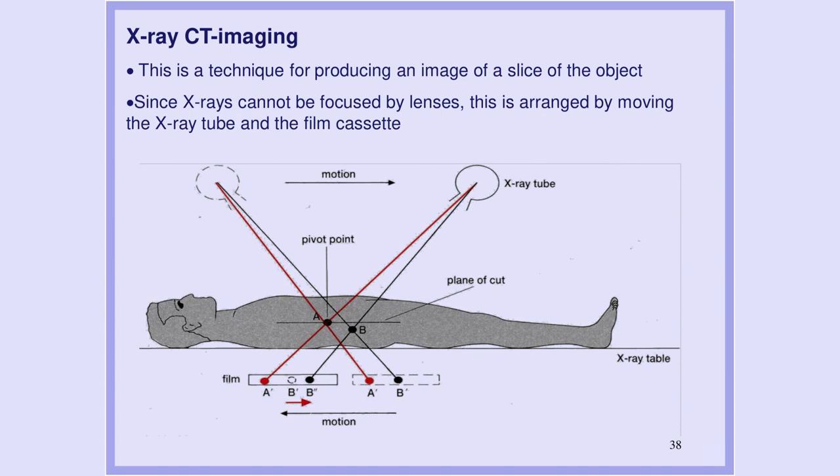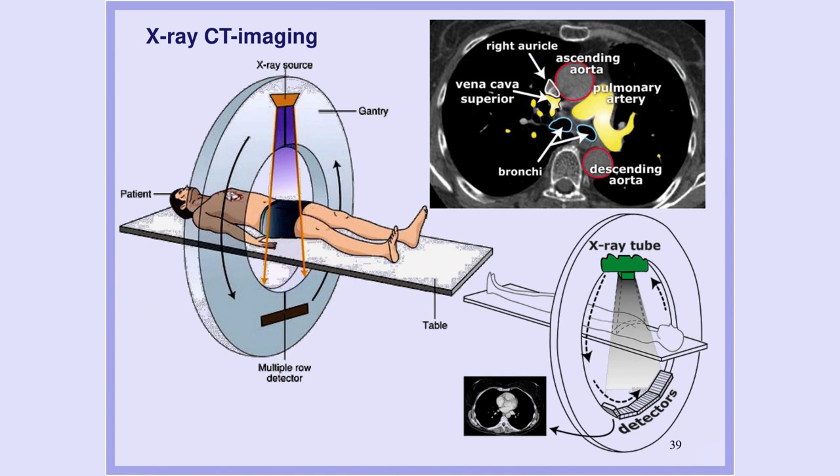Objects not in this plane, such as B, are imaged in different positions as the unit moves, from B prime to B2 prime. This is the principle of the X-ray imaging technique.